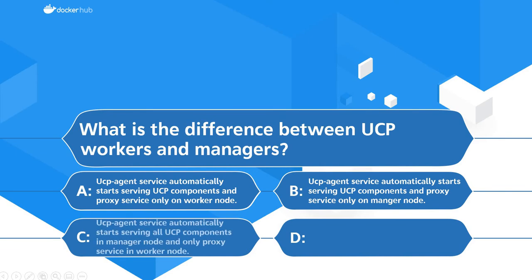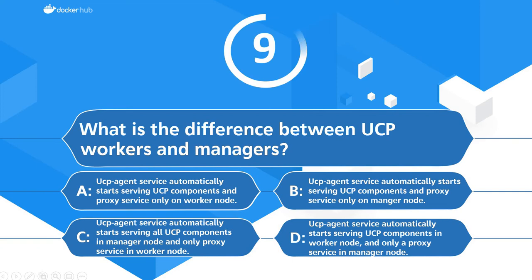C. UCP agent service automatically starts serving all UCP components in manager node and only proxy service in worker node. D. UCP agent service automatically starts serving UCP components in worker node, and only a proxy service in manager node. Your time starts now.